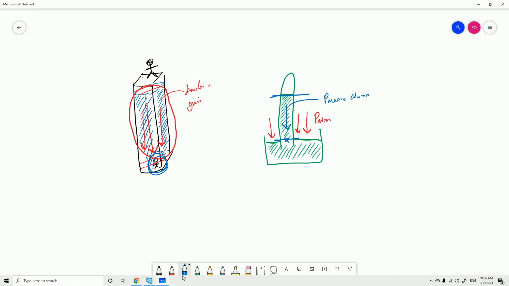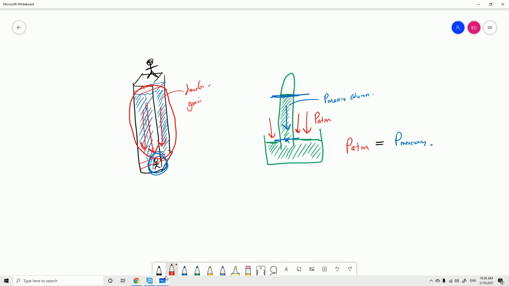And for this height to be stable and in equilibrium, it means that the atmospheric pressure is equal to the pressure caused by the mercury column. And that makes sense because otherwise the height would change.